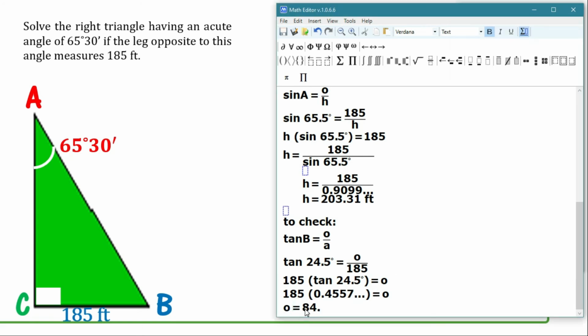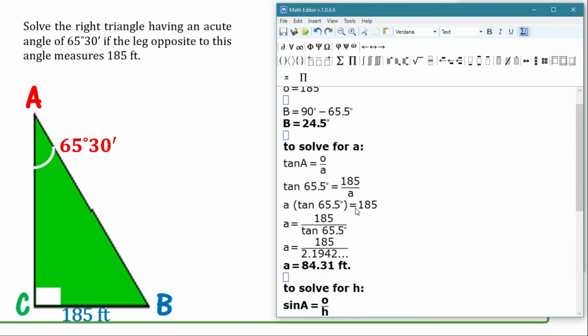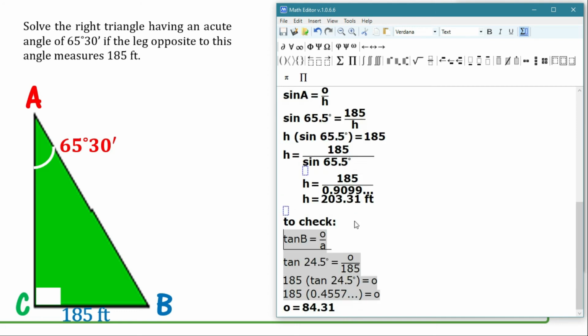Okay, 84.31, which happens to be the value of our adjacent side. Okay, so tama po yung ating computation kanina. So, 84.5 feet. Okay? So, wag pong malilito, tayo po ay nagche-check na lang po ng ating sagot kanina.